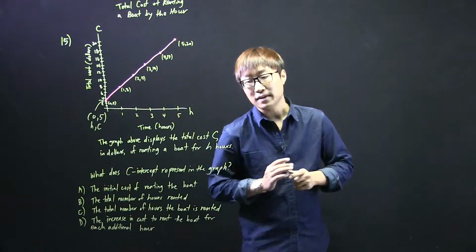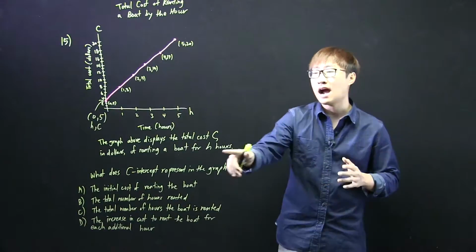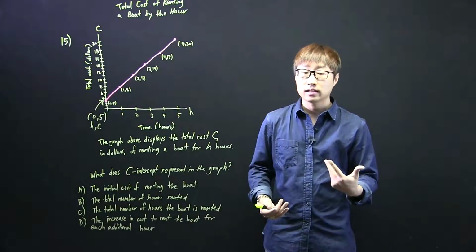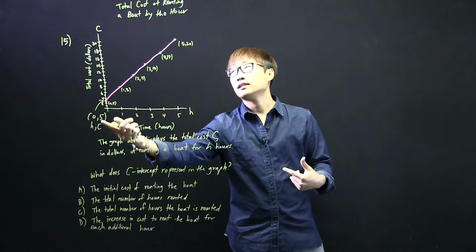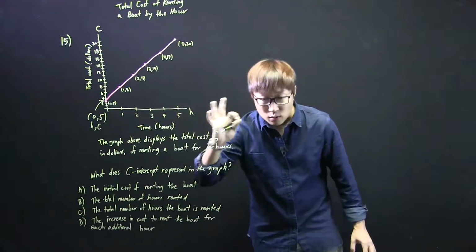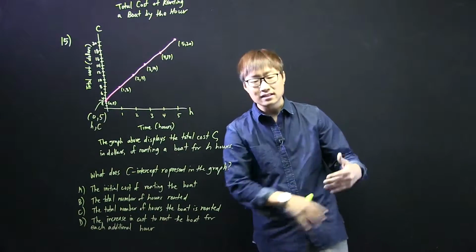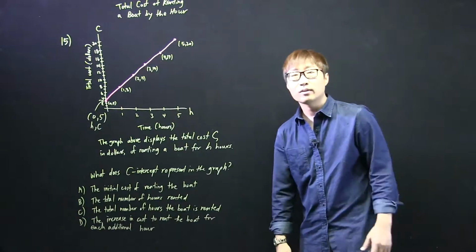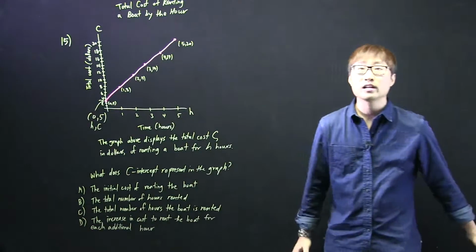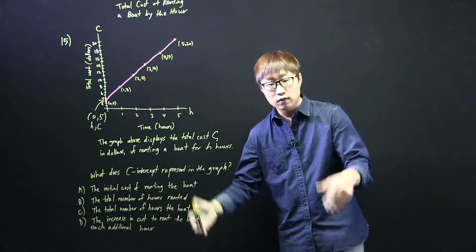Okay, so let's think about what that means. H is 0, aka the hours is 0, aka I borrowed it, but I haven't used the boat just yet. C is the total cost in dollars. So for borrowing it for 0 hours, I need to pay $5. What do you think that means? Imagine you go skiing, snowboarding, or go-karting. You pay, and then you get to ride whatever you're there for.